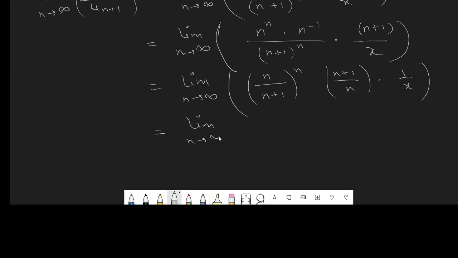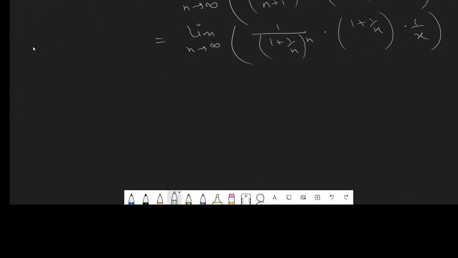If we take n common from numerator and denominator, it will be 1 divided by 1 plus 1 by n, power n, multiplied by 1 by x. This is the whole term. So if you take limit n tends to infinity, as these are all terms in multiplication, we can apply the limit on a particular term.